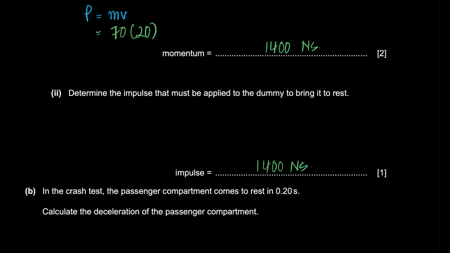And if that doesn't make sense, the change in momentum is equal to the final momentum minus initial momentum. Final is 0 minus 1400. Comes out to 1400. Well, negative, but it's just asking how much do I need, not the direction of it. Well, you need this much to change it to 0. Let's move on.